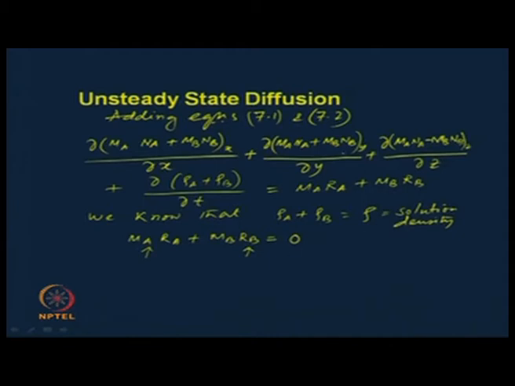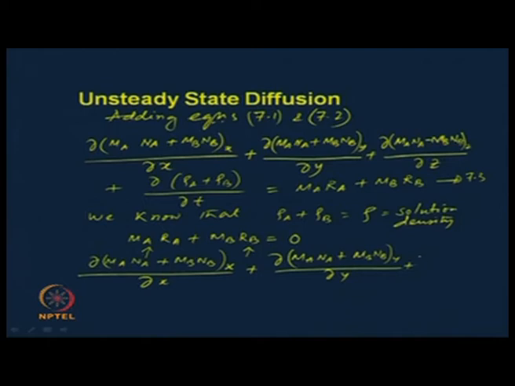So, if we substitute these two in equation number 7.3, we will have del (M_A N_A plus M_B N_B) at x del x plus del (M_A N_A plus M_B N_B) at y del y plus del (M_A N_A plus M_B N_B) at z del z plus del rho del t is equal to 0. So, this is equation number 8.